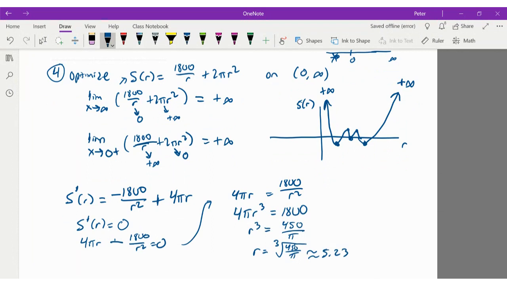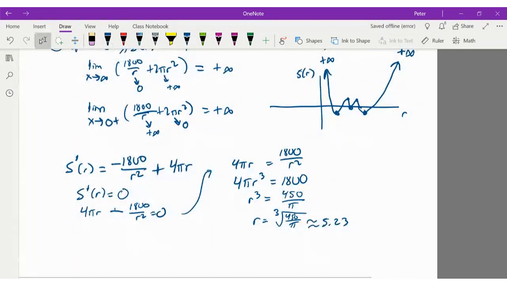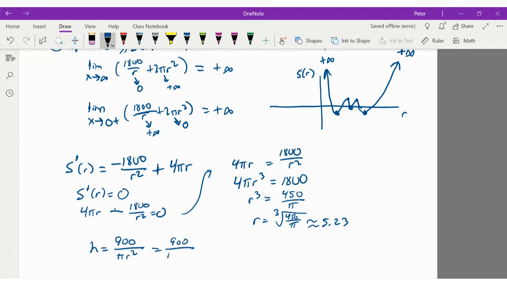So that's the radius. We know from an earlier part of the problem that the height is 900 over pi r squared. So that's 900 over pi times 5.23 squared, which is approximately equal to 10.46.